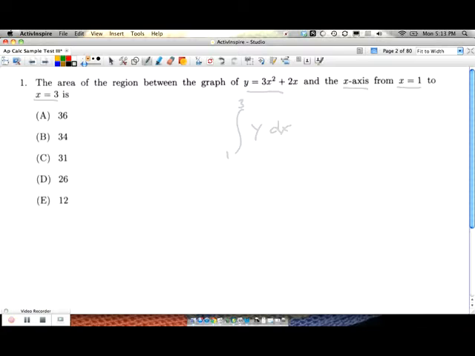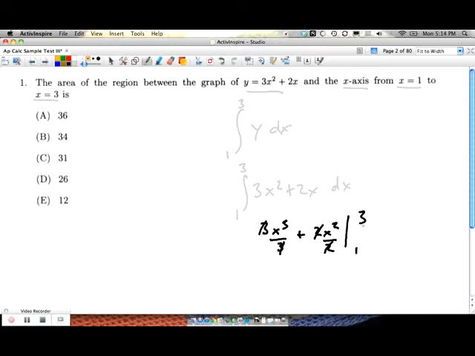It's going to be the integral of 3x squared plus 2x from 1 to 3 dx, of course. When we take the integral here, we're going to be using simple power rule. So we add 1 to the power and divide by that. So it's going to be 3x cubed over 3 plus 2x squared over 2. Conveniently, the 2's reduce and the 3's reduce. We're going to be evaluating this from 1 to 3.